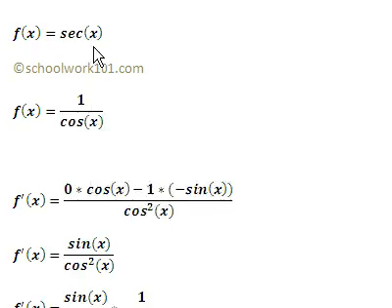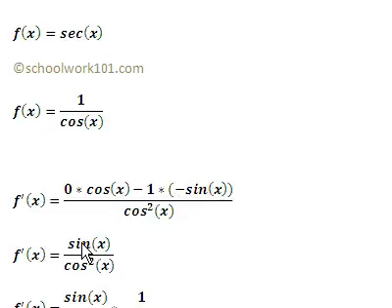Okay, we have the function f of x is equal to secant x. I'm going to rewrite this in terms of cosine x, and so this is 1 over cosine x, which is equal to secant x. And then I use the quotient rule here, taking the derivative of the top times the bottom minus the top times the derivative of the bottom, all over the bottom squared.